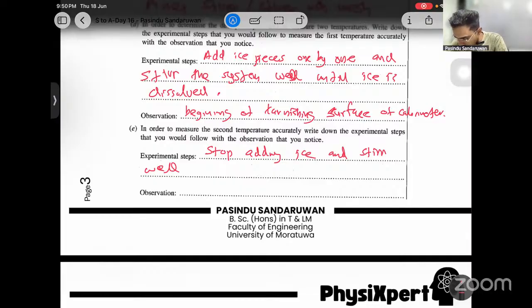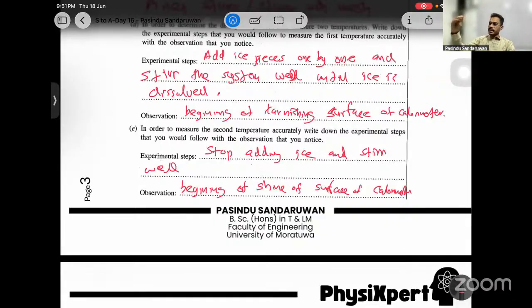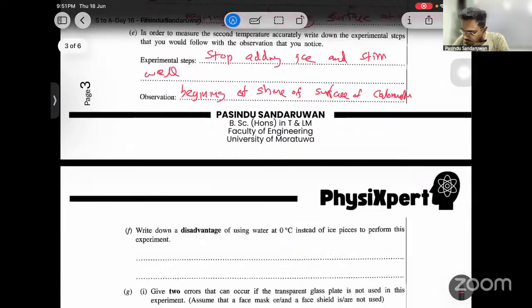Observation is the beginning of the sign of tarnishing on the surface of the calorimeter. Then again, take the reading at that point.